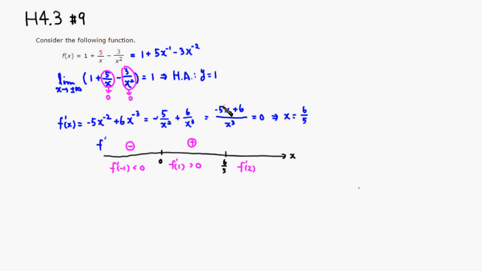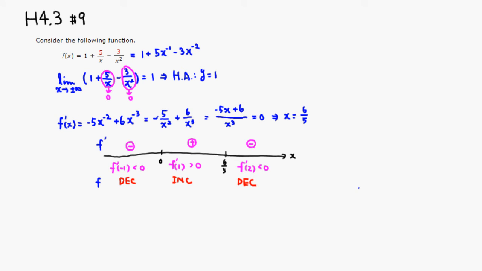If you put in 2, the top is negative and the bottom is positive, so it's going to be negative there. So you can see that the original function f is going to be decreasing here, increasing on this interval, and decreasing there.